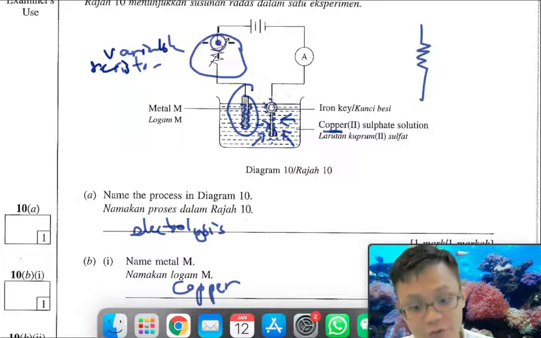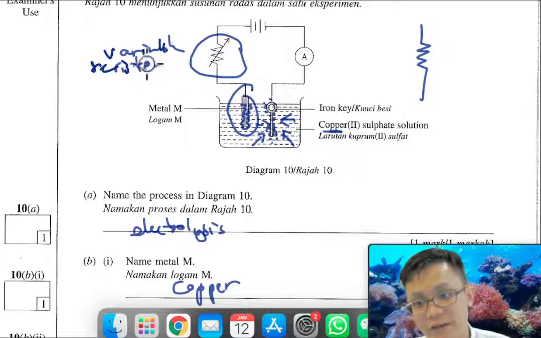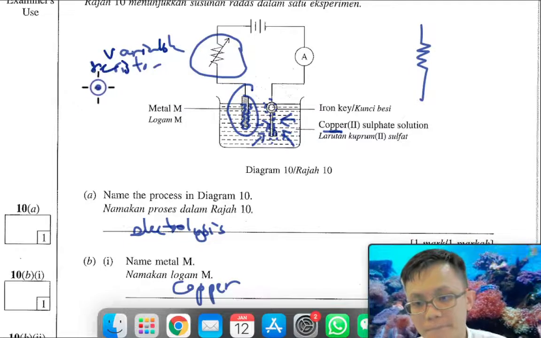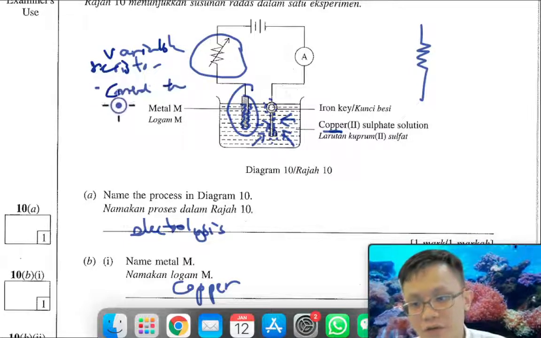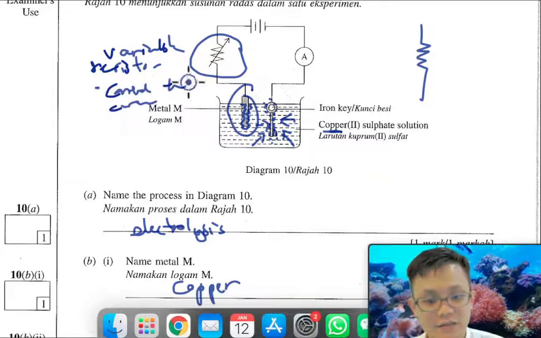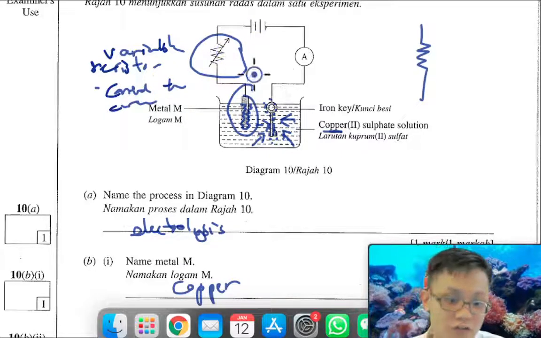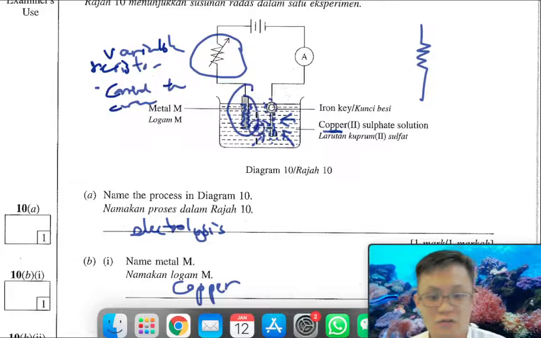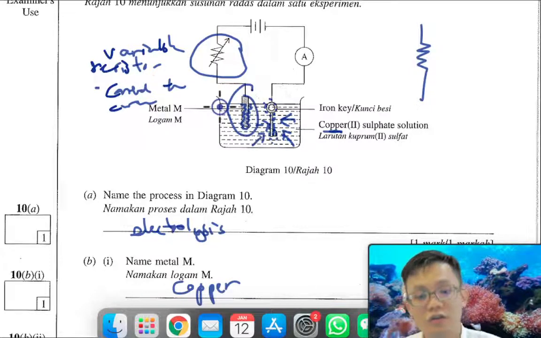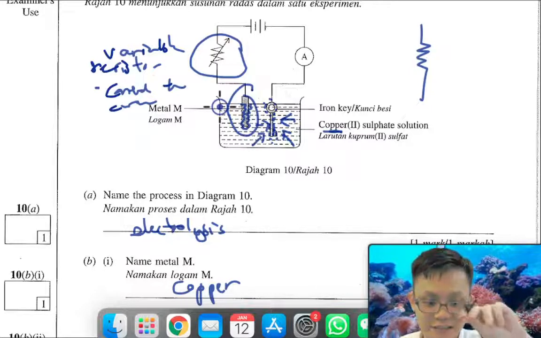Variable resistor means you can adjust. What is the function of the variable resistor? To control the current. You don't want so much current to go so fast, or want it to go slow, so it's like a button, so you can adjust it.